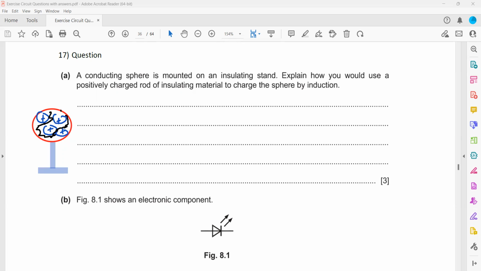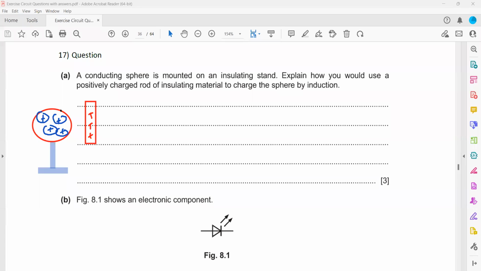So when we bring the positively charged rod, it will create a distribution of the charges within the material. Right now, the charges are evenly distributed initially. But the moment we bring a positive charged rod close, like charges repel and unlike charges attract each other.